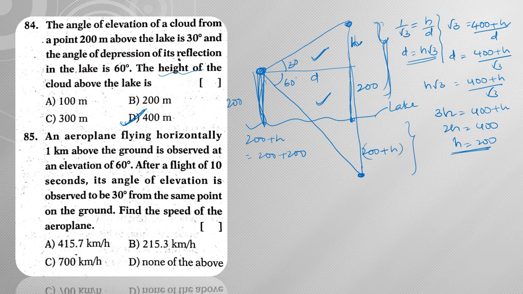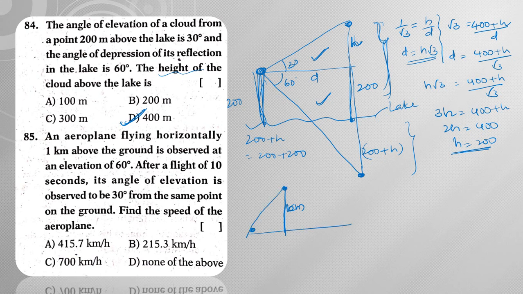Next, an aeroplane flying horizontally 1 kilometer above the ground is observed at an angle of elevation 60 degrees. After a flight of 10 seconds, its angle of elevation is observed to be 30 degrees from the same point. Find the speed of the aeroplane. Suppose this is my point of observation and this is my first position of the aeroplane, which is 1 kilometer above the ground.